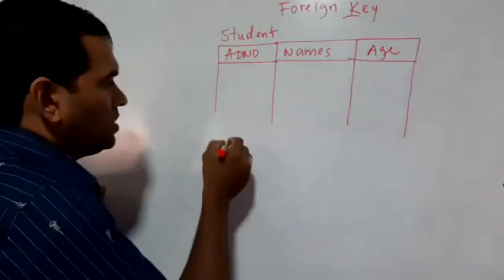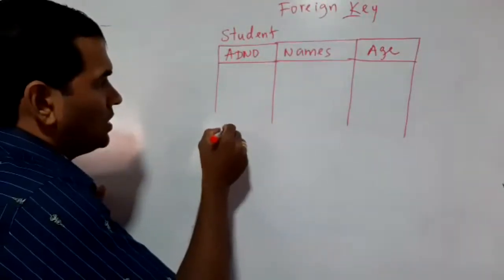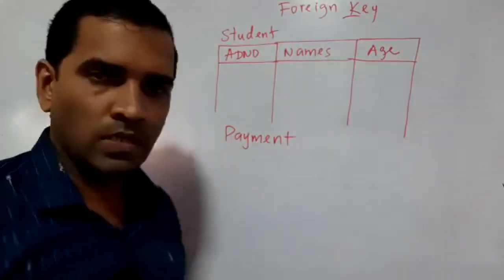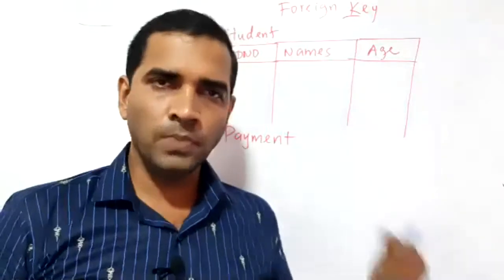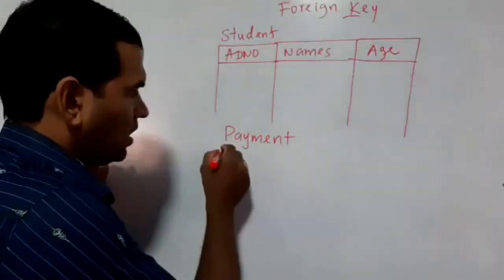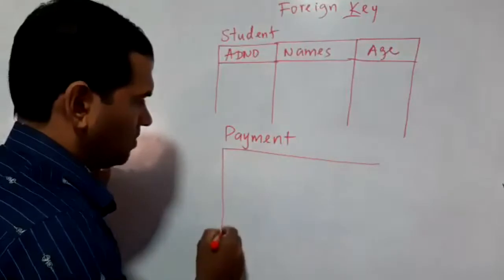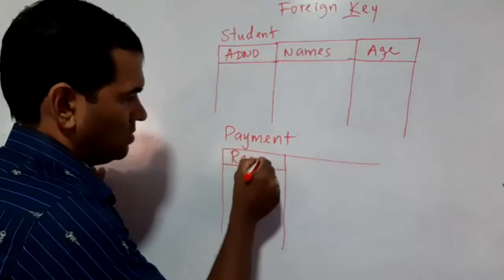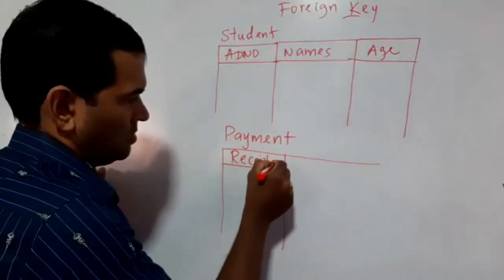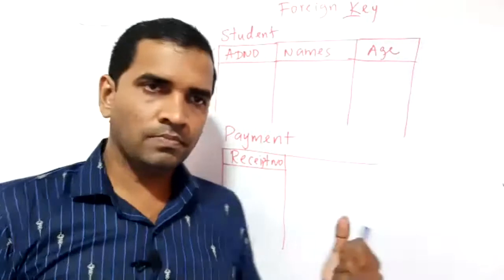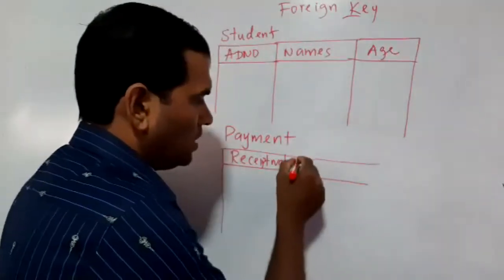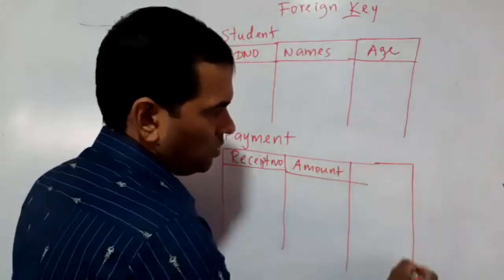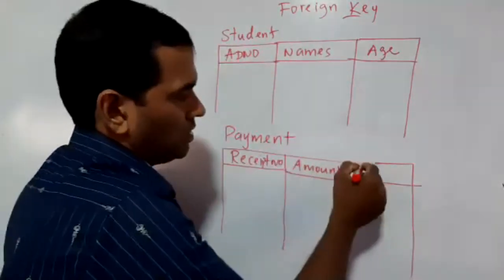And I also have another table, which is payment. I have a table for storing payment details. There I have three fields again. The first field is receipt number. The second field will be amount. The third field would be admission number.